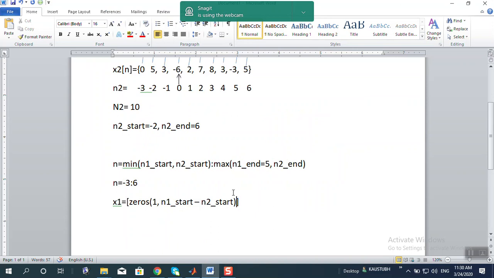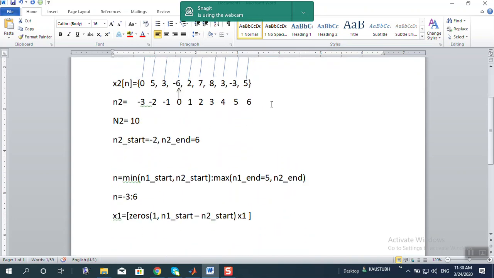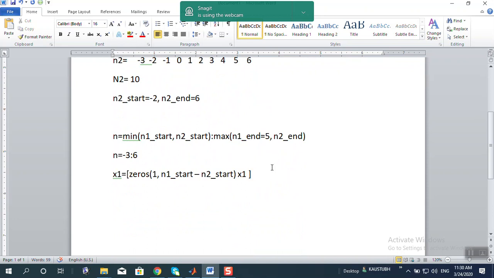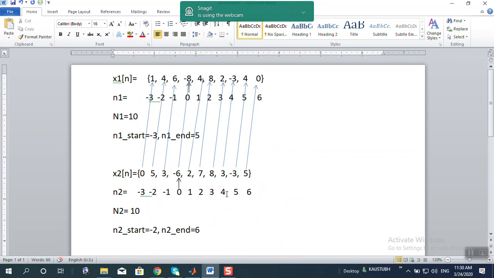Then the original signal x1, and at the end, as you can see here, we need to put a 0. So again you put zeros within brackets 1 comma, how many zeros? Here 1 zero. How can you define the 1 zero? Because signal x2 has n end point 6, and signal x1 has n end point 5, so 6 minus 5 is 1.